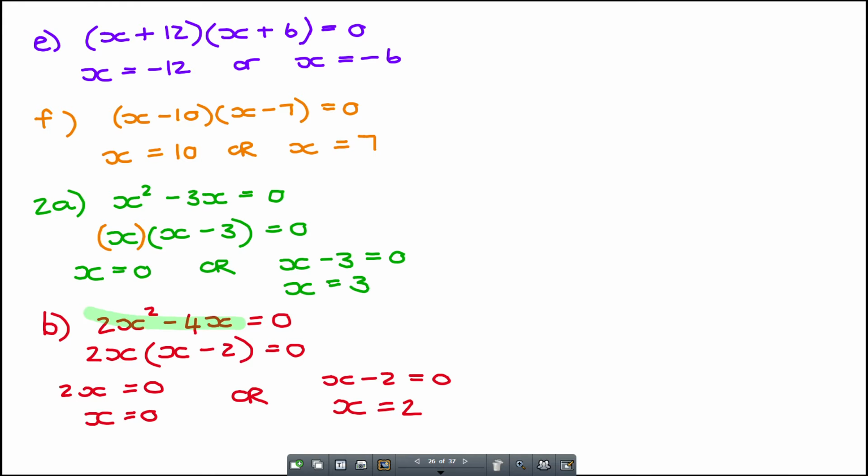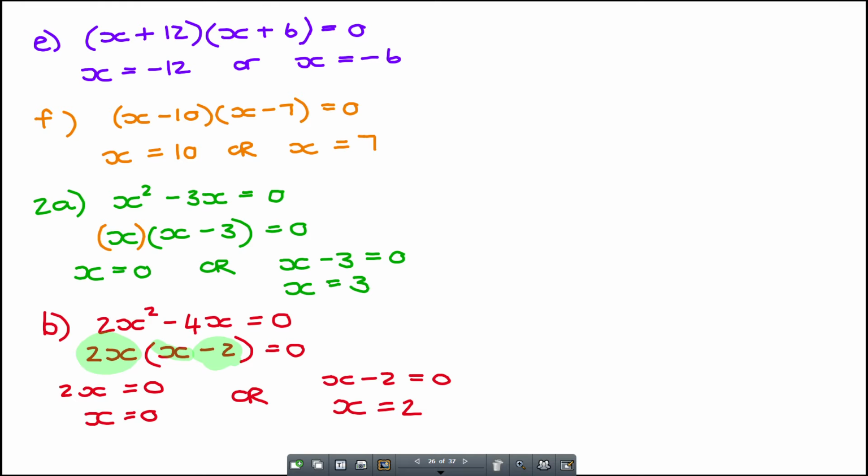Now, all I can do here to factorize that part is take out a common factor of 2x. Here I show that I'm taking that out as a common factor. The first term, 2x squared, what would be left there? X. Because 2x times x gives me the 2x squared. In the second term, I had minus 4x. So if I divide that by 2x, I get minus 2.